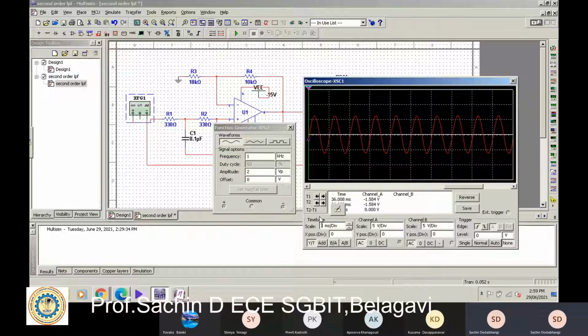Here in the time base you can see the scale is 1 millisecond per division. So when you look at the cursor in the scale, what is that? 1 millisecond per division. So what is the frequency? If the time is 1 millisecond, frequency is 1 kilohertz.